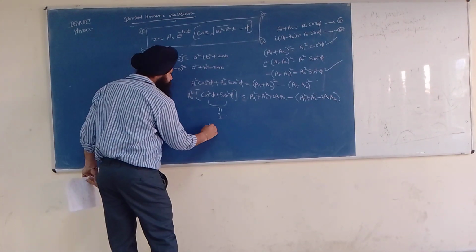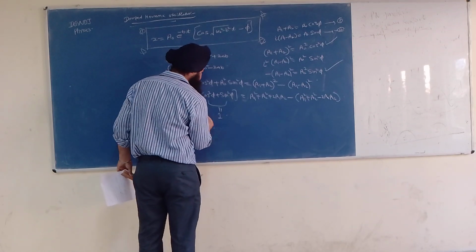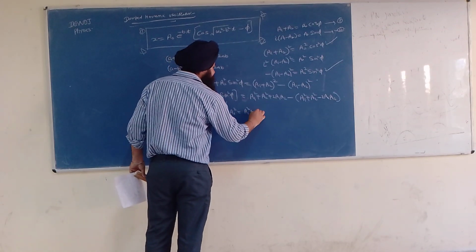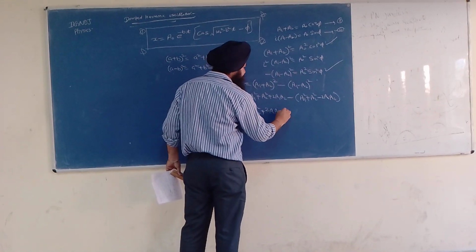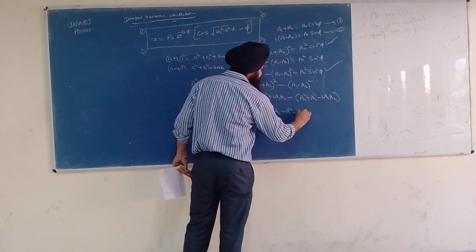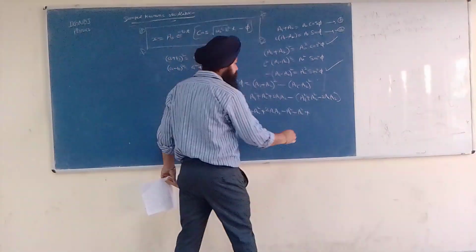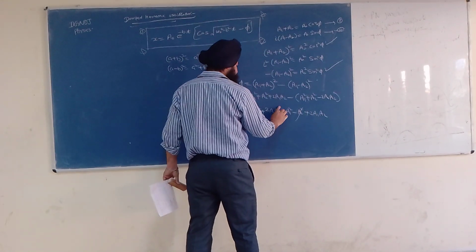Now open the bracket. This becomes a0 square is equal to a1 square plus a2 square plus 2a1a2 minus a1 square minus a2 square plus 2a1a2. This will cancel.